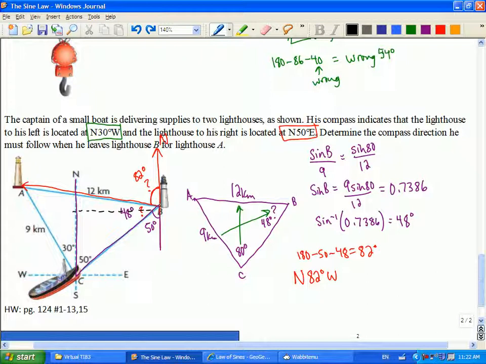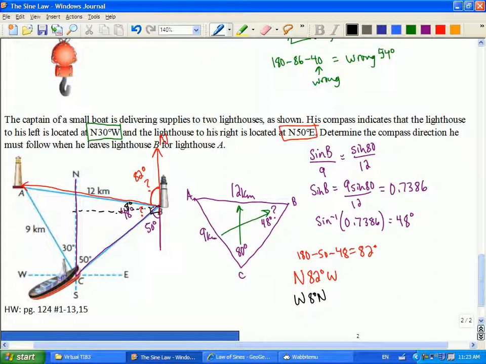If I put 90 degrees here, there's 98 degrees between 48 and 50. So if I take 90 out, there's 8 degrees left there. So that way I could also write this as west 8 degrees north, and that would be acceptable as well. I'd know what you meant. Okay, either would be fine in this case.